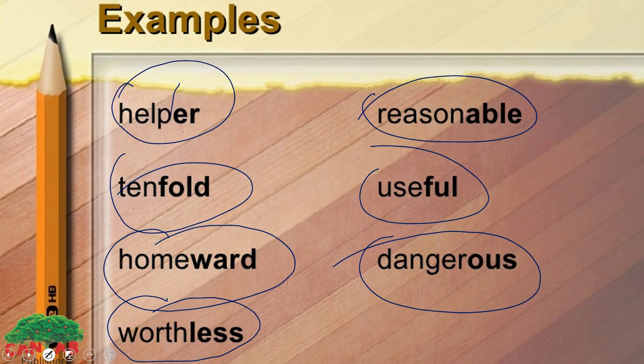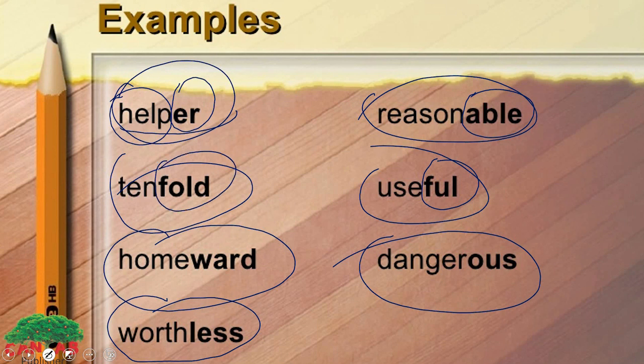If we separate er from it, it will become help. If we pronounce this together, it will become helper. A noun becomes an adjective. Reason, reasonable, useful, use. Tenfold, fold here.